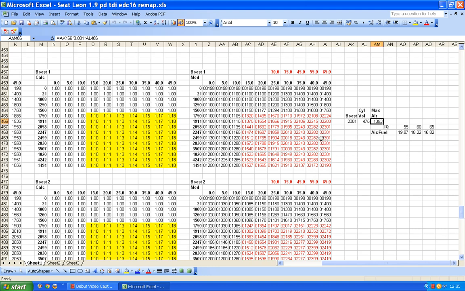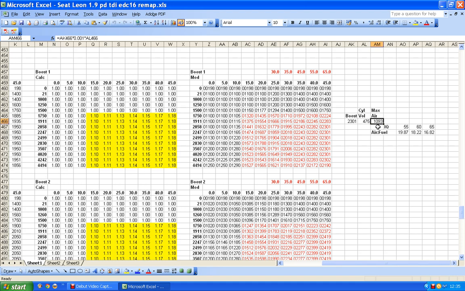If I pick the 2301 there, 2301 of boost at 475 milligrams per stroke, which is a reasonable assumption for a 1900cc engine, will give me an air supply of 1093 milligrams per stroke. So I've got that much air available.